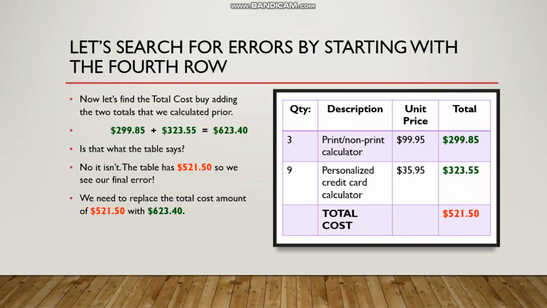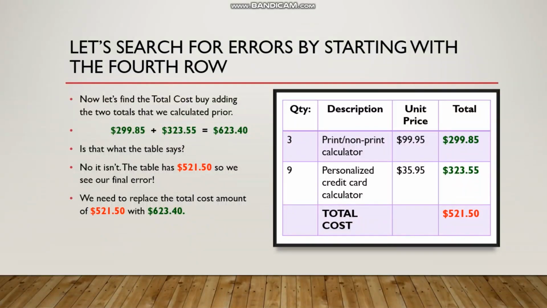The total is $299.85, and the correct amount for the total amount of personalized credit card calculators is $323.55. Now, if we add these two together, we're supposed to get $623.40.